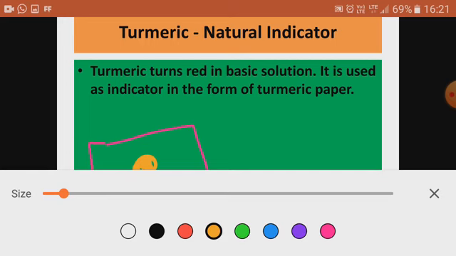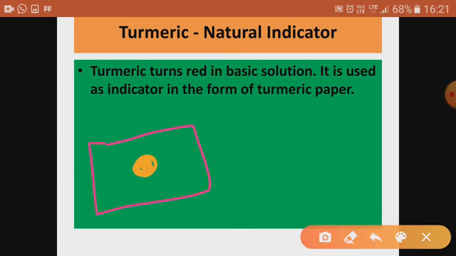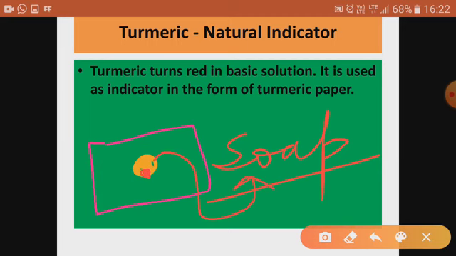So what happens? This stain, on applying the soap, turns red because soap is a basic substance. And turmeric, in case of basic substance, turns brick red in color. So now this is the indication.